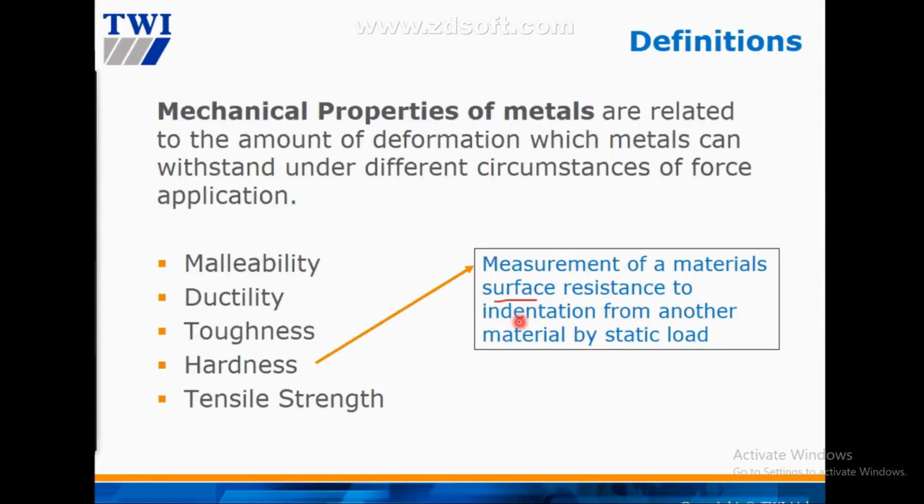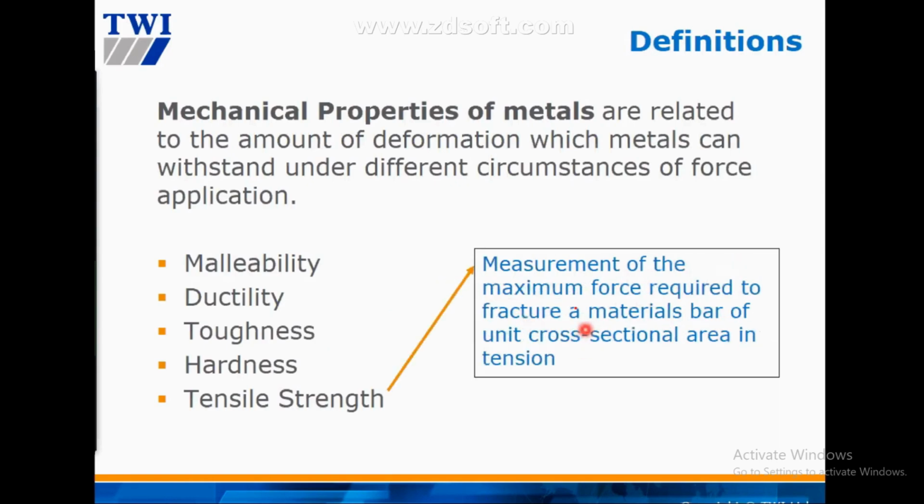Tensile refers to the maximum force required to fracture a material bar of uniform cross-section area in tension, right? So only ductility, toughness, hardness, and tensile, that is what you need to pay more attention to, more focus. It's not malleability. Malleability is not really mentioned in the equations, okay?